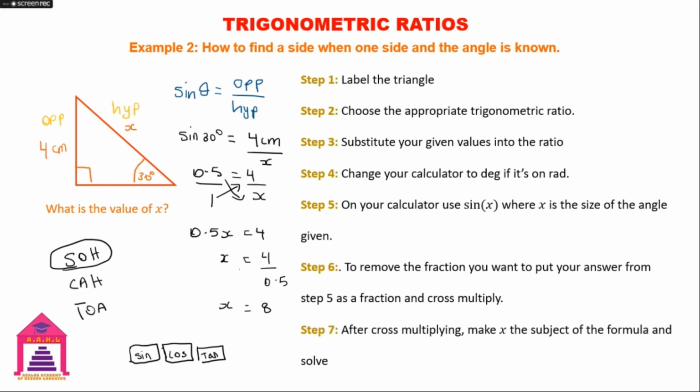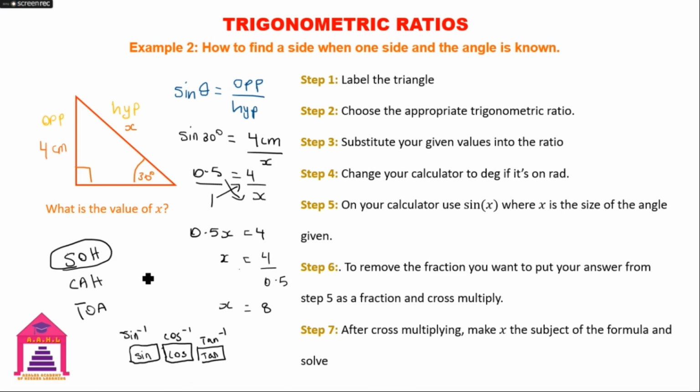You don't want to go into second function for this. Second function is for if you don't know the angle, and when you press second function, you'll get sine inverse, cos inverse, and tan inverse. You don't want these, right? You're just going to click sine just so.